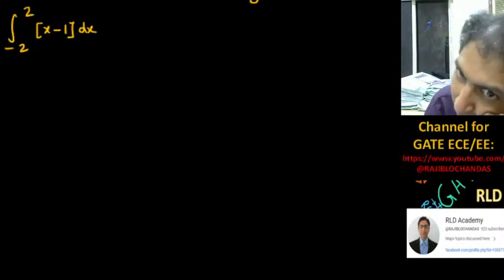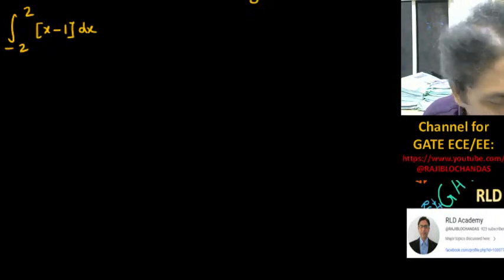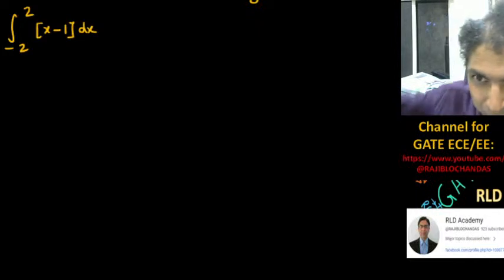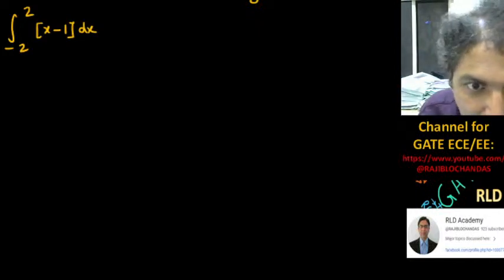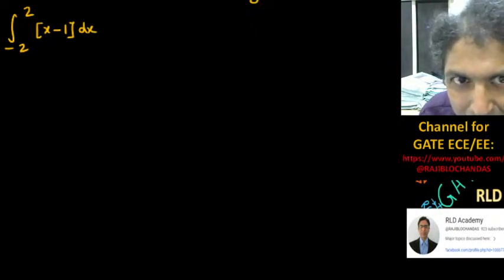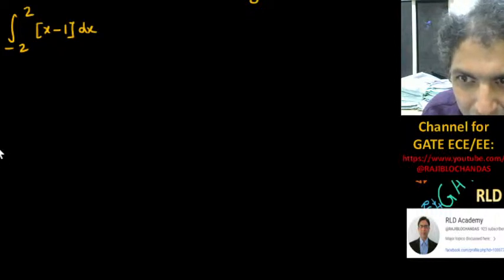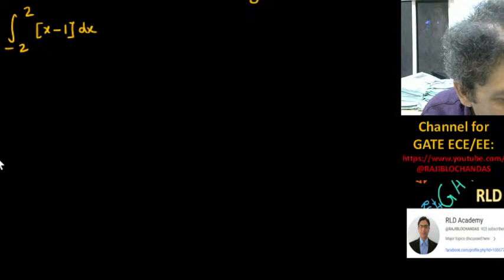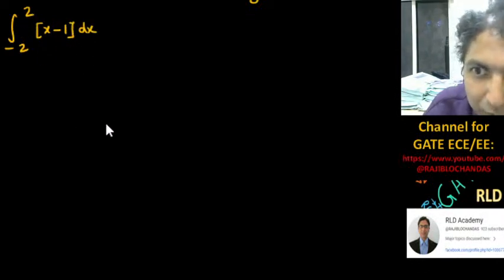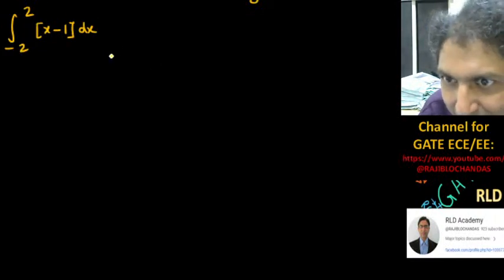Can you solve this one? Can you solve this problem quickly? If you are confused with respect to this x minus 1, it's better to replace x minus 1 by another variable initially.